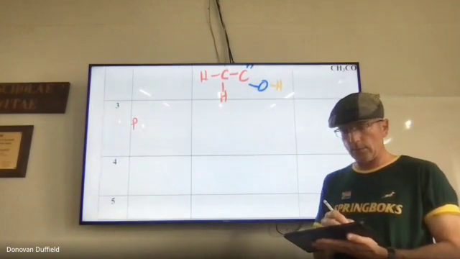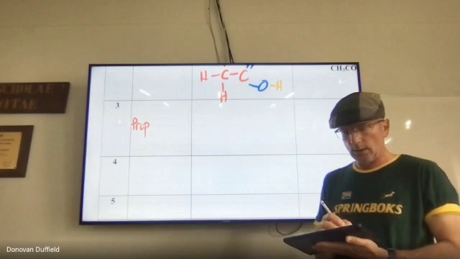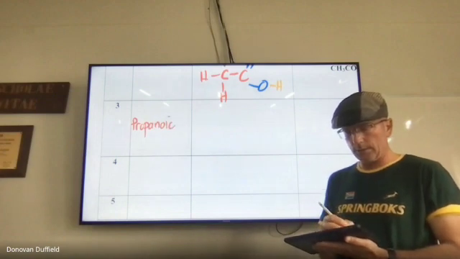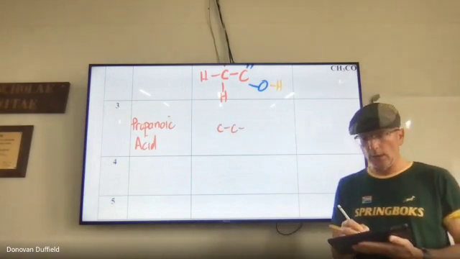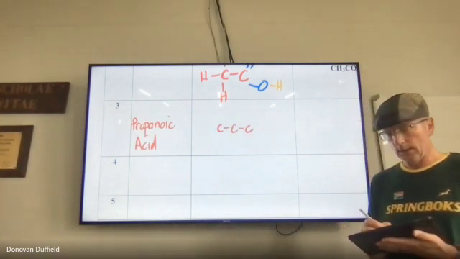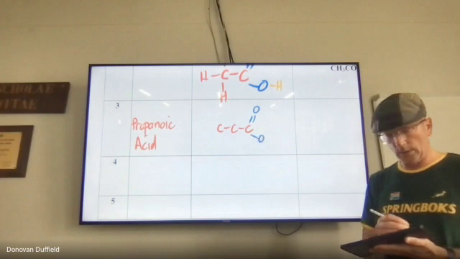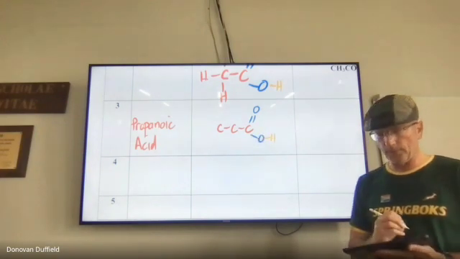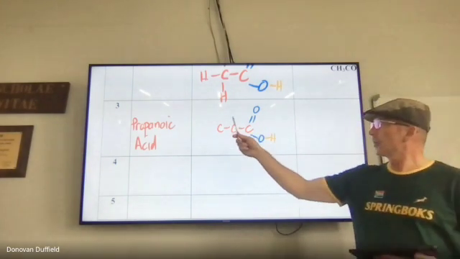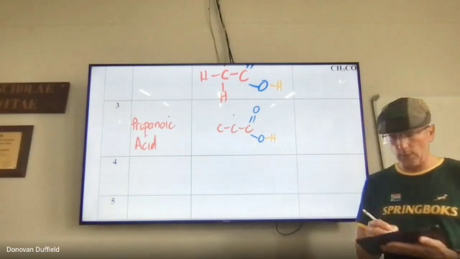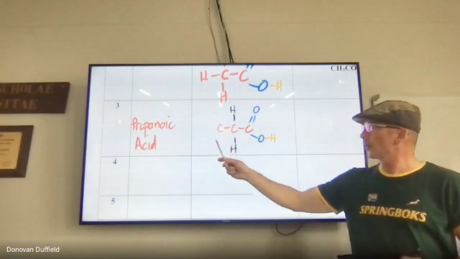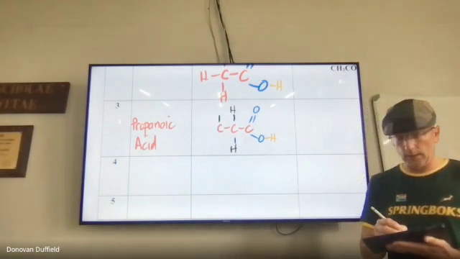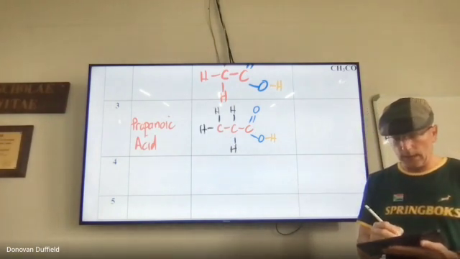It doesn't really matter how you pronounce it. That's going to be 1, 2, 3, C double bond O, OH. 1, 2, 3, 4, so we add two hydrogens there, and another three hydrogens there.